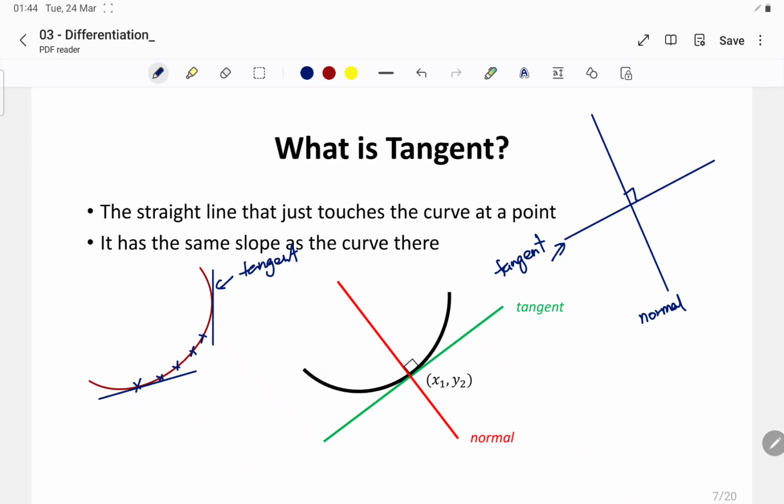So another line that is perpendicular to this tangent line, we call it normal. That's why I put a right angle here. Okay, so basically here we have a point xy. So here we have the green color, which is a tangent, and then when it is perpendicular, we have a normal.